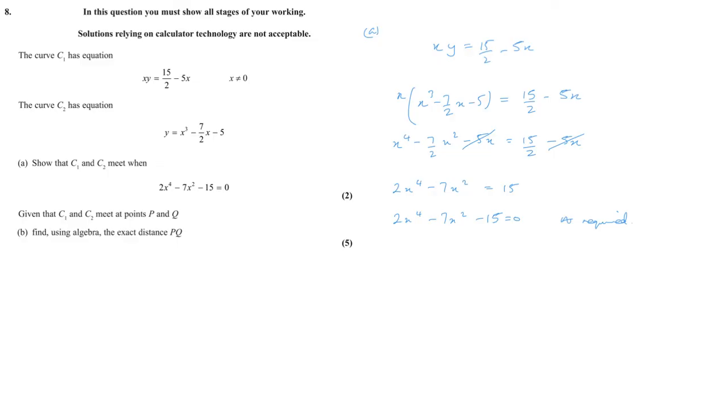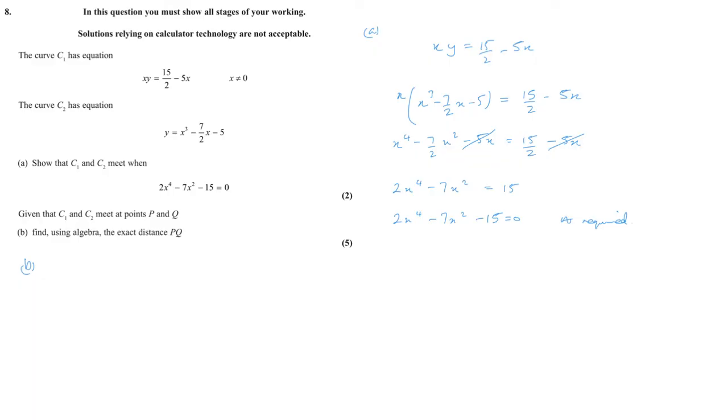Now, given that C1 and C2 meet at the points P and Q, find using algebra the exact distance of PQ. So part B, we're first going to solve this equation. Now it's x to the 4 and x squared, so it is like a quadratic.